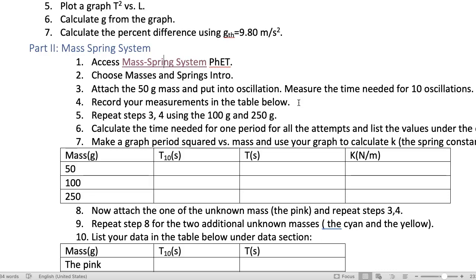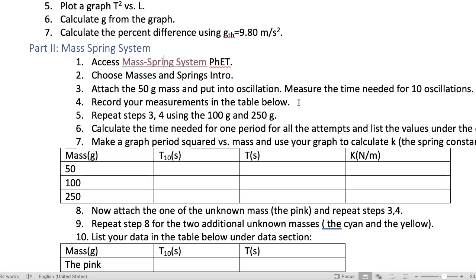Under data, you're going to have mass and T10, and the rest is going to go under what? Under calculations. Then you are going to say T in seconds, which is T10 divided by 10. You will calculate k, which is the spring constant. And also I will go over that for you in the handout that I told you about.